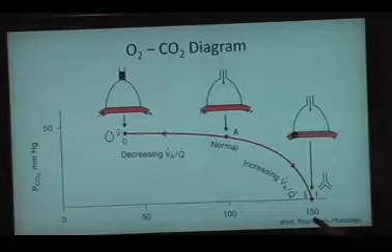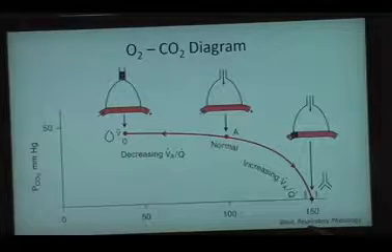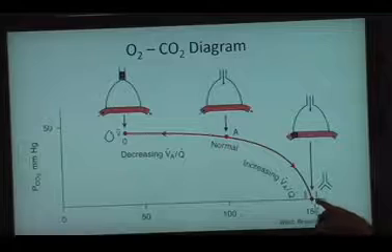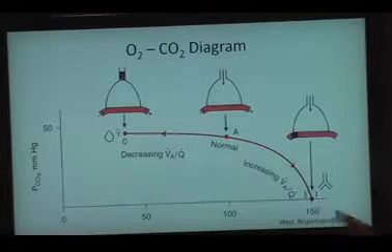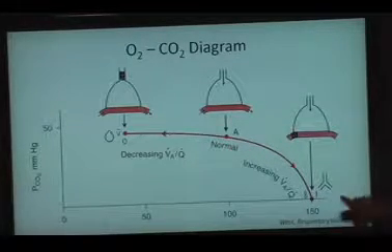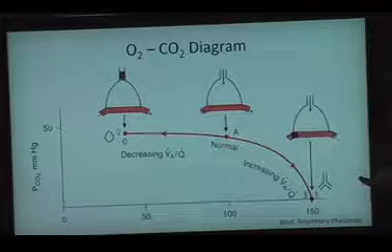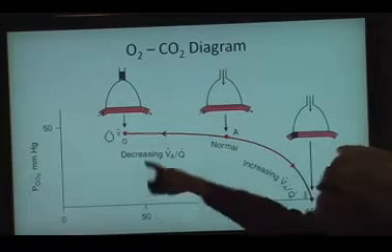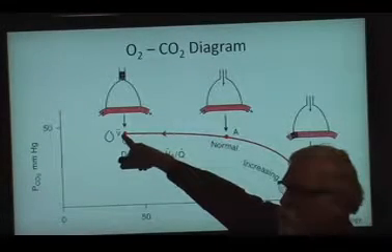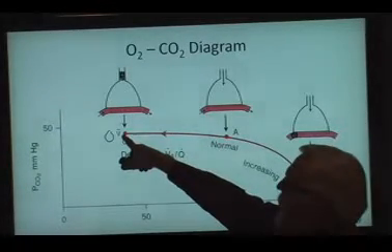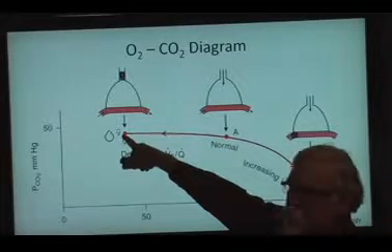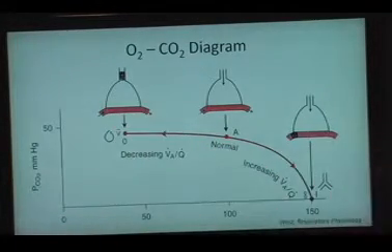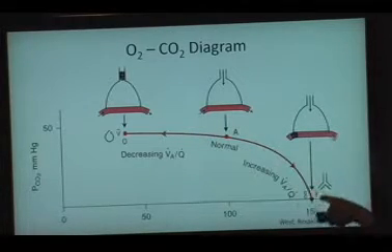So in other words, if you are breathing room air, it is impossible for you to have a PO2 of 200 millimeters of mercury. It's impossible because that would put you out here somewhere, would not fall along this line. If you have a mixed venous PCO2 of 45, you cannot have an arterial PCO2 of 150. Just not possible because it doesn't fall anywhere along this line.